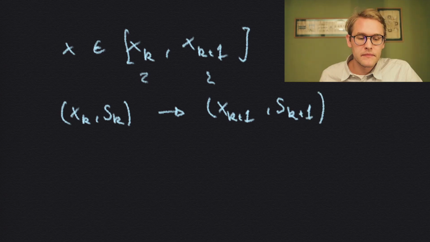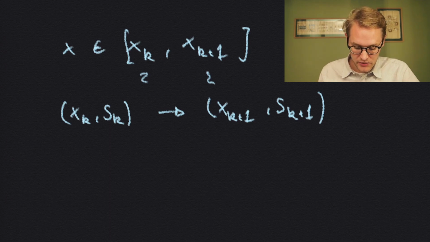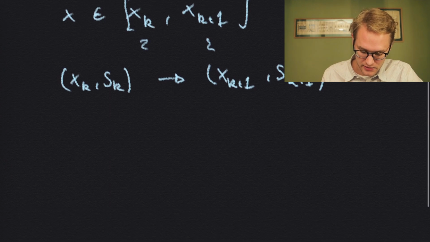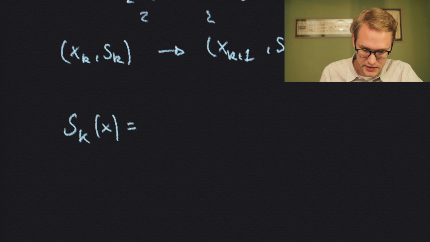That makes sense. The linear function that passes through these 2 points, this is typical high school mathematics really, would be something like this. So let's write a capital S_k. It's a function of x.